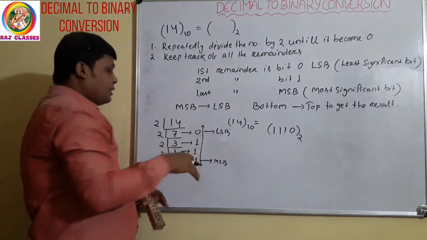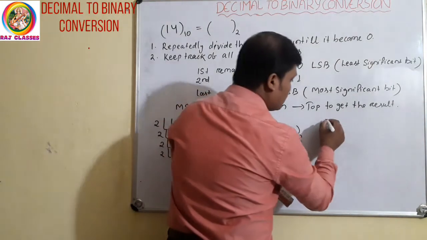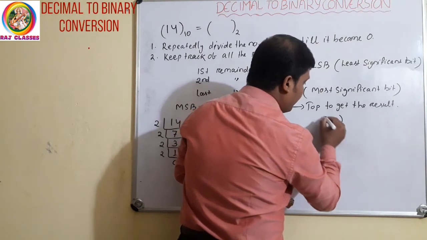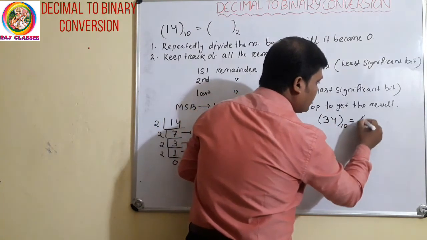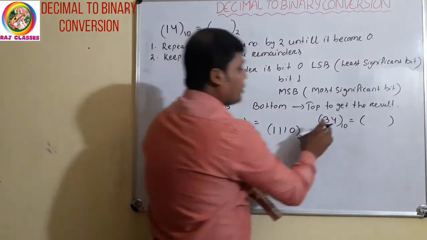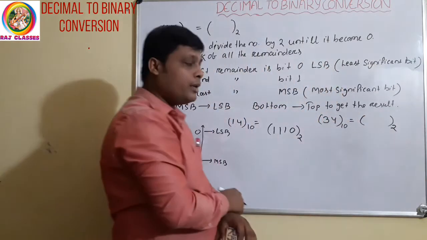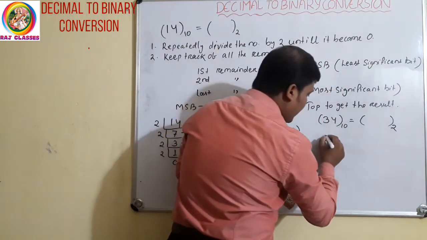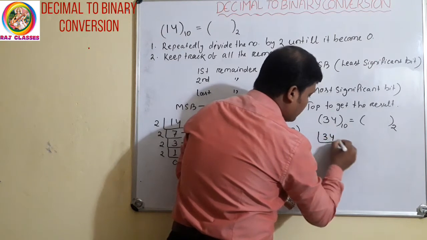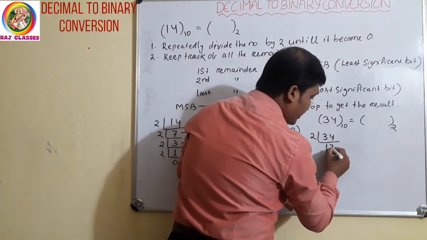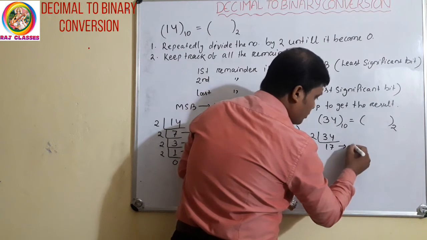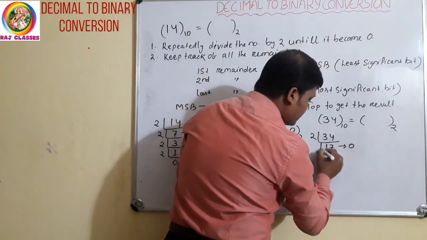Clear? Then take another example, 34 base 10. What is the equivalent binary value of 34? Similarly, we will divide 34 by 2. This is 17, and the remainder is 0.